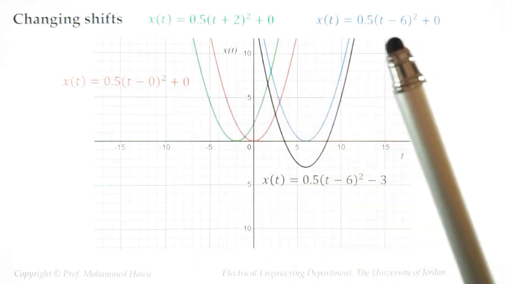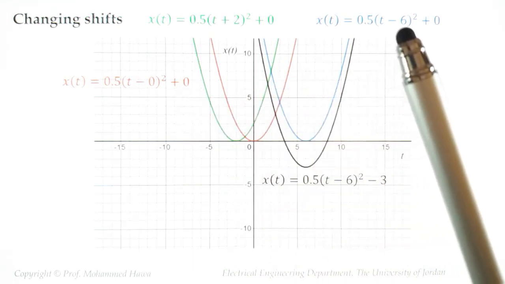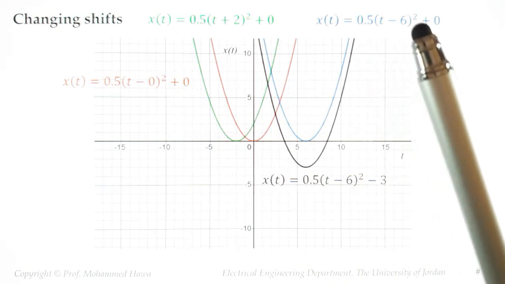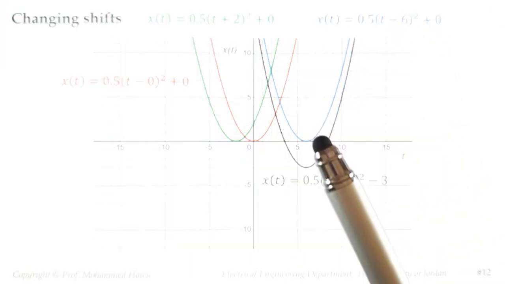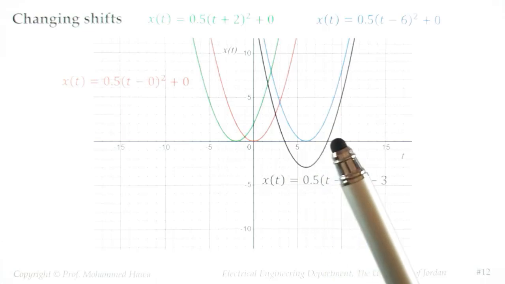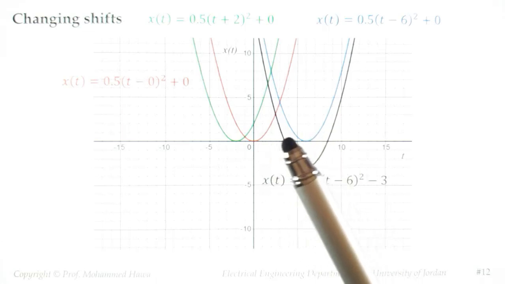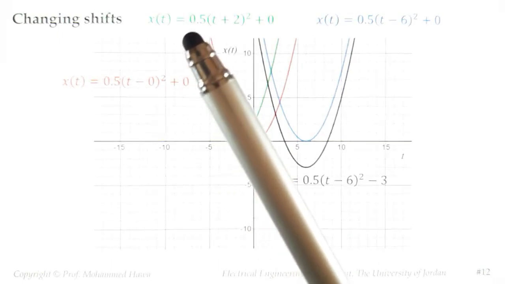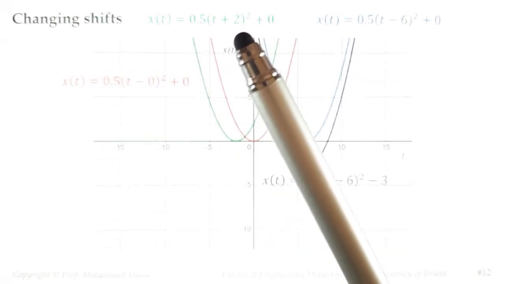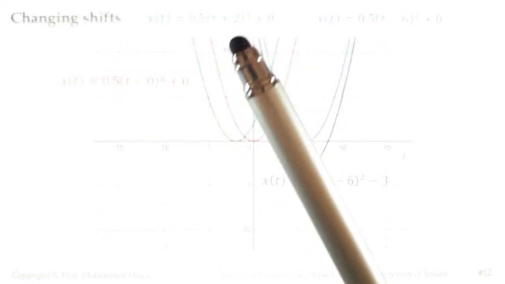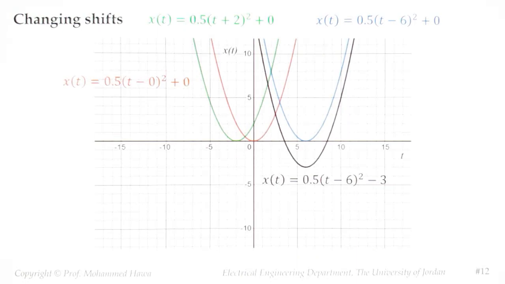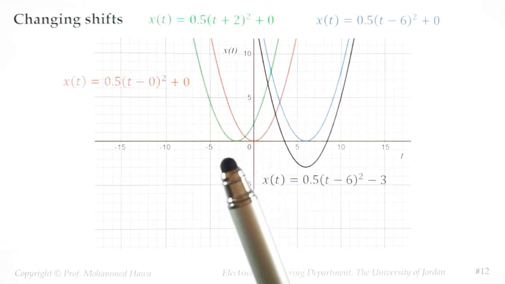If I set the horizontal shifting parameter to minus 6, so 0.5 (t minus 6) the whole thing squared, what happens is that I shifted my curve to the right by a value of 6 seconds. If I substitute 0.5 (t plus 2) squared, or (t minus minus 2) squared, then I shifted my curve by a value of minus 2, and that's the shift to the left.